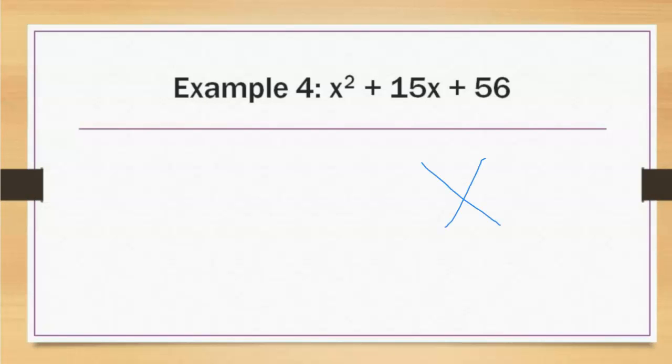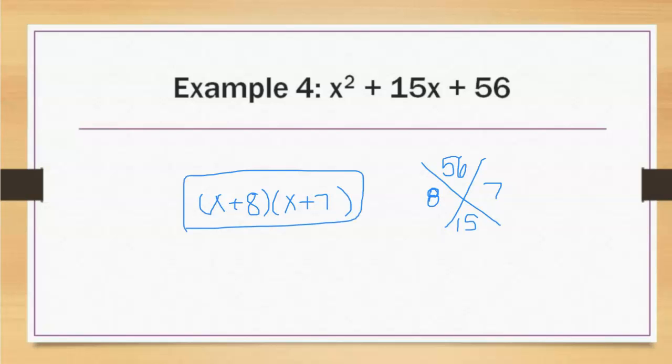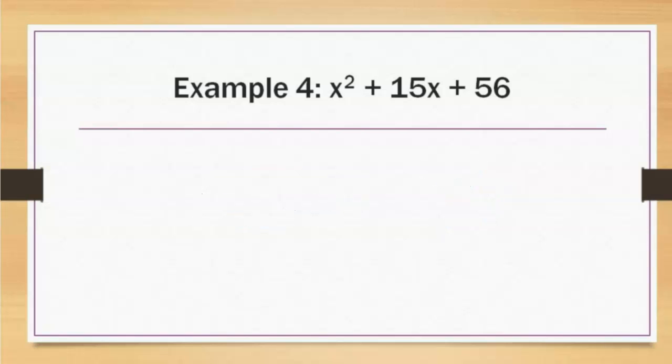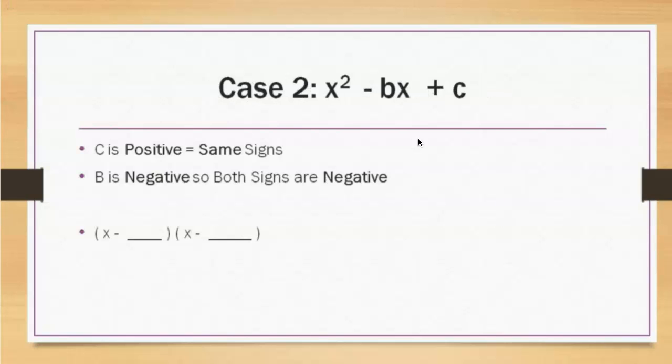And 56 and 15. So that's 5, 8, and 7. All answers have to be written like what's in the box, making sure your parentheses are good.